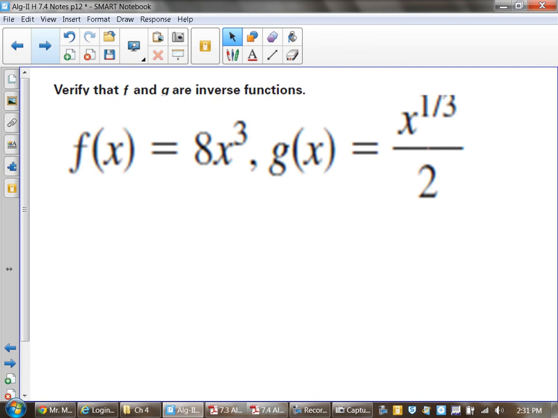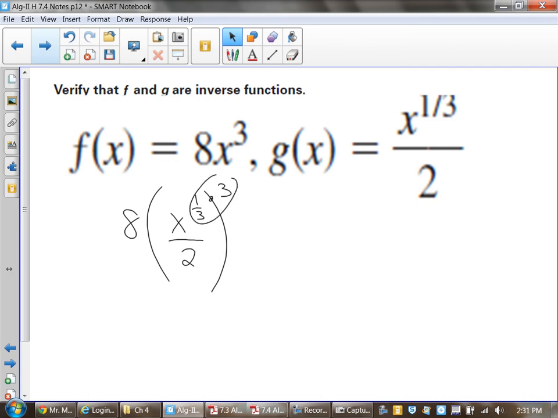So in order to verify, we take all of the g equation, write it down, and surround it with the f equation without the variable. And now I have to rely upon my exponent rules. I have a fraction raised to a power, but also in the numerator, I have a power rule to worry about.